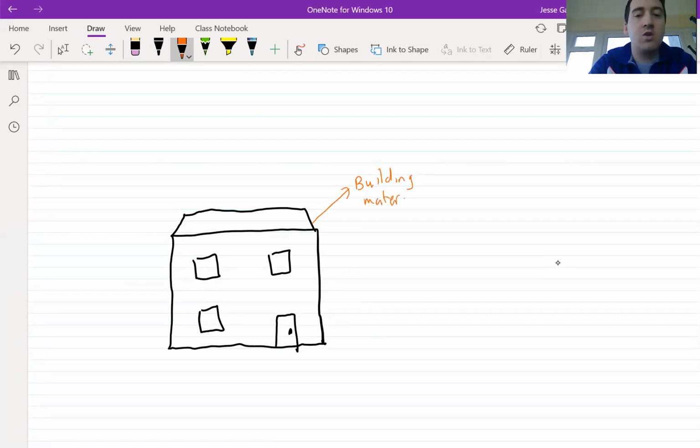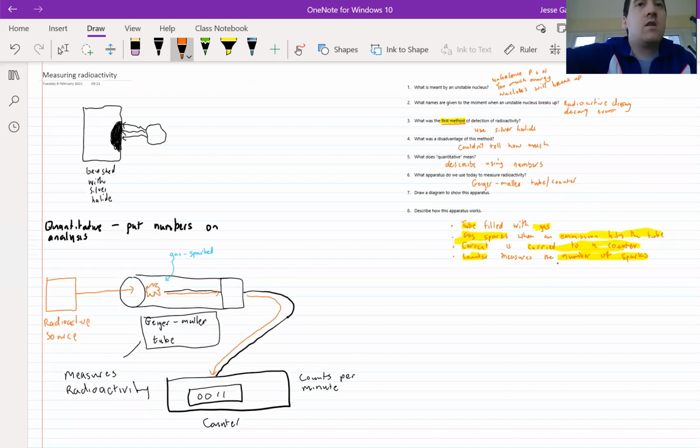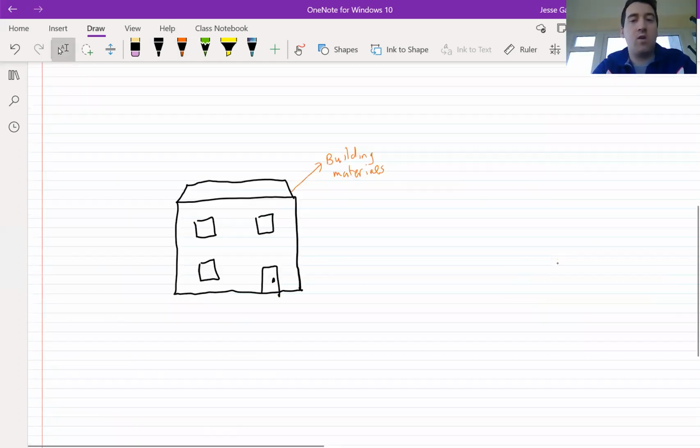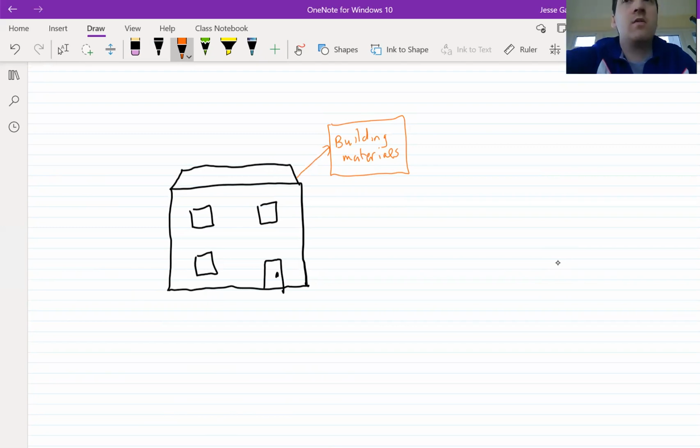Just like we had Becquerel's rocks earlier that were giving emissions, building materials are made from rocks. They will give off some emissions. Building materials will give off a very low level of radiation. Now, it's not enough for us to consider it a threat, but it is going to be given off nevertheless.